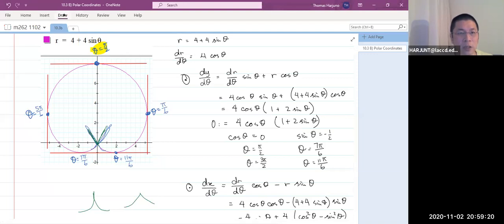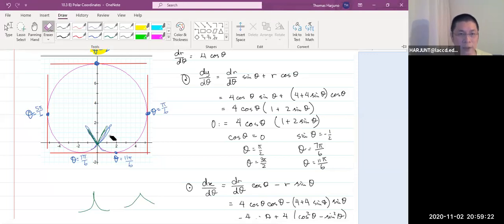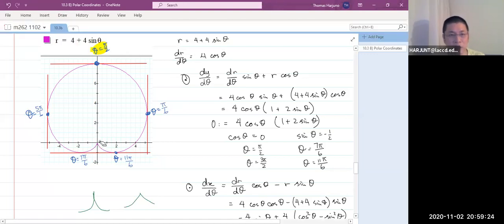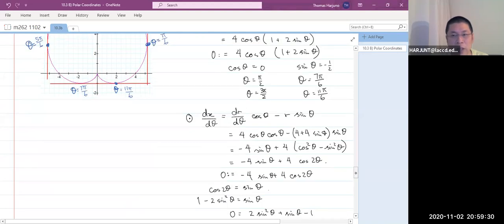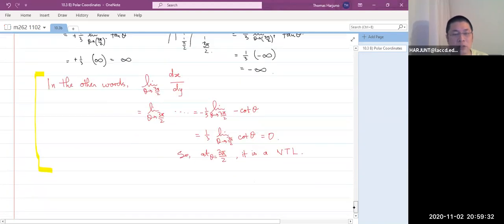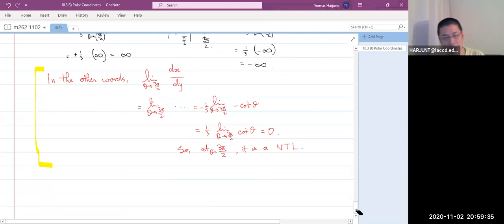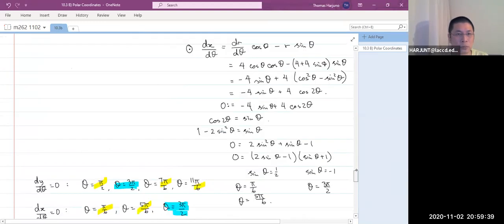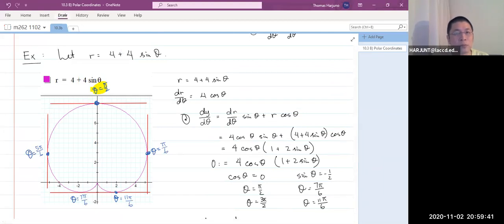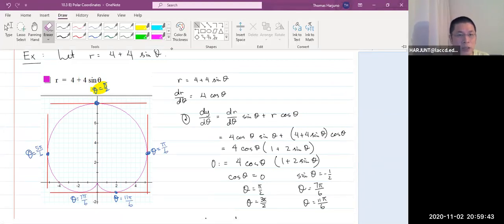It turns out that the limit actually exists. Visually it's not, but the limit actually exists, and dx dy is actually 0. Therefore, it is a vertical tangent line instead.